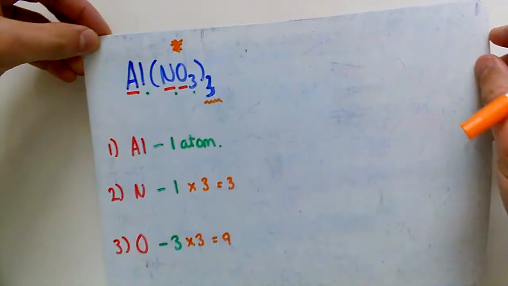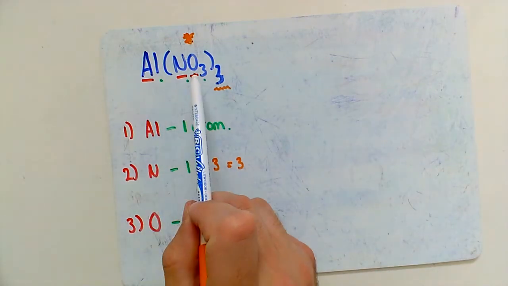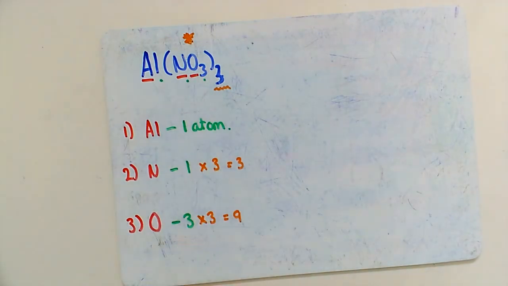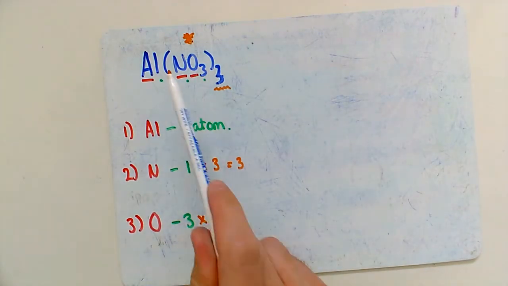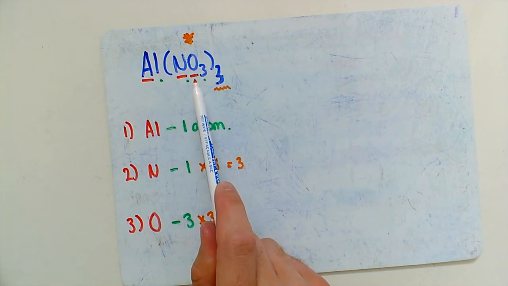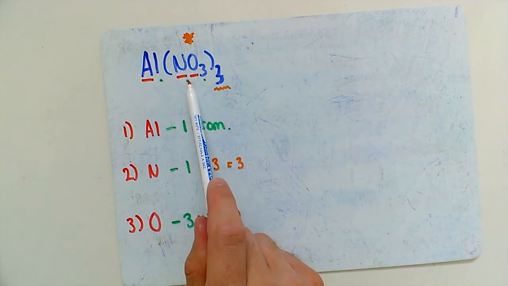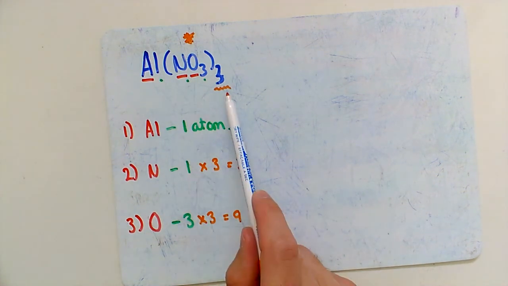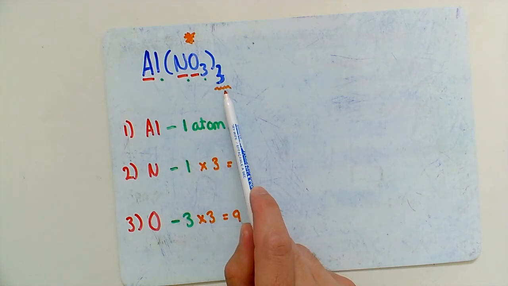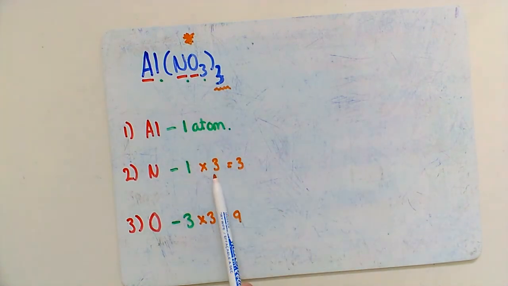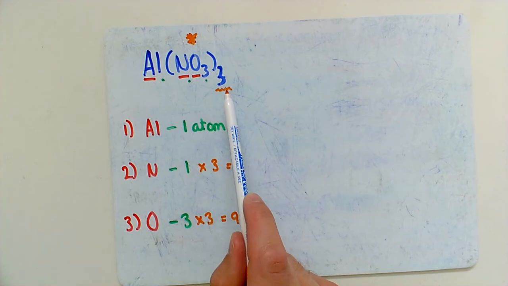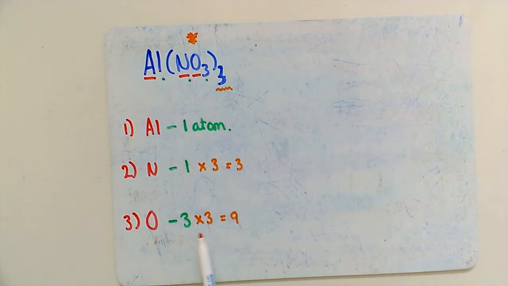For brackets, we look at the symbols and do the same thing as before, but anything inside a bracket, so here we had 1, gets multiplied by whatever number is outside the bracket. So it's 1 times 3, and then for oxygen we had 3 inside, multiplied by 3 on the outside, that gives us 9.